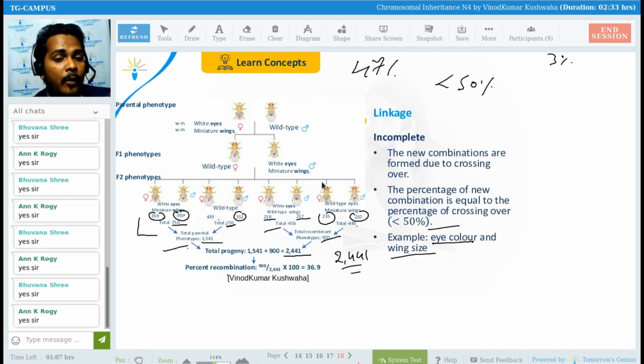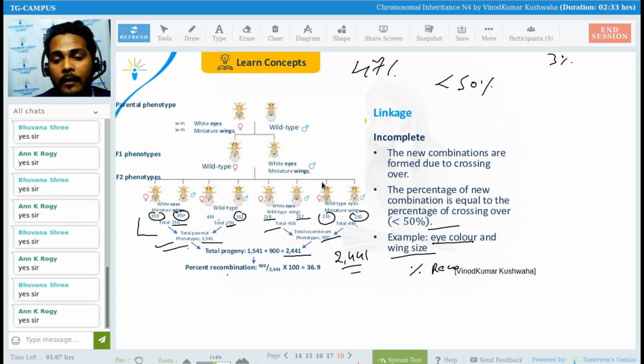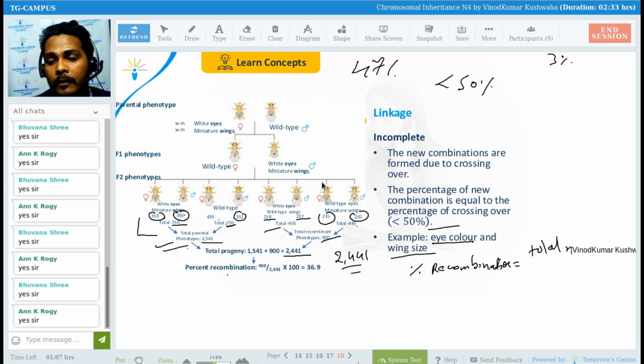We want to find only recombination, not the parental phenotypic character. We want to find out the recombinants. So the percentage of recombination is total recombinants upon total progeny into 100.